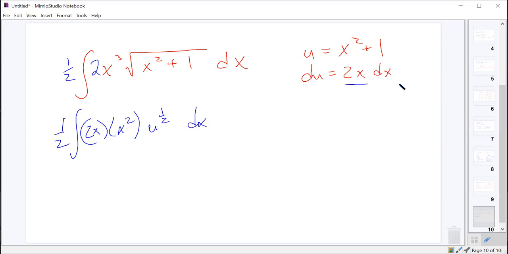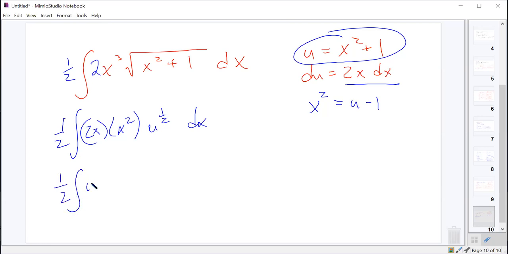The 2x dx will become du. And we'll note that this other piece in here, x squared, can be found by just rearranging u equals x squared plus 1. So you'd end up with 1/2 the integral of u to the 1/2 times u minus 1 du.